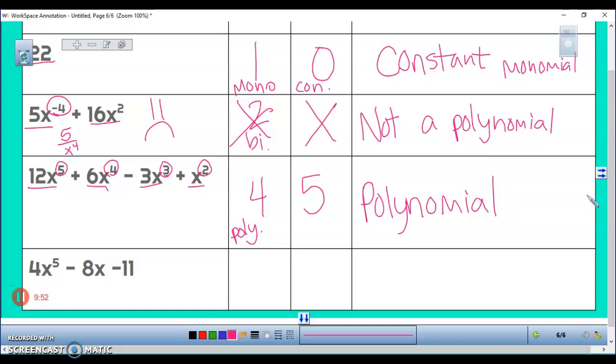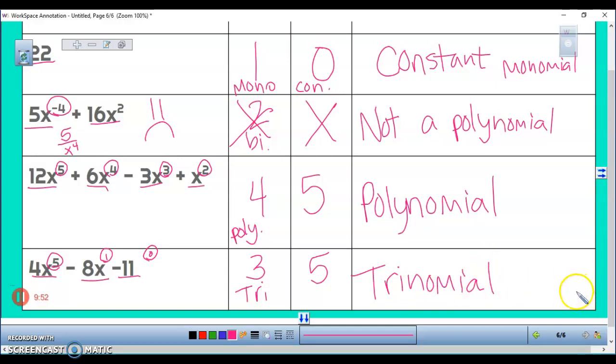It has more than 3 terms. No specific name. Number of terms, 1, 2, 3 terms, so I know that's going to be a trinomial. The degree, I have 5, 1, and 0, so the highest is 5. No specific name there. I just call this a trinomial.